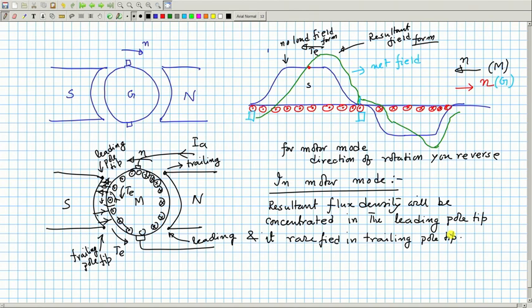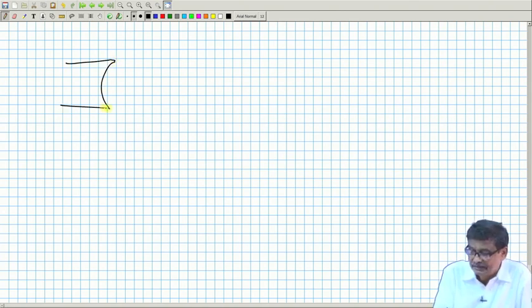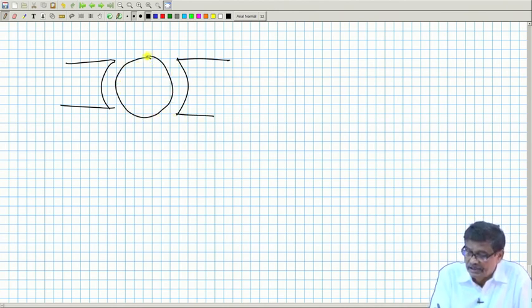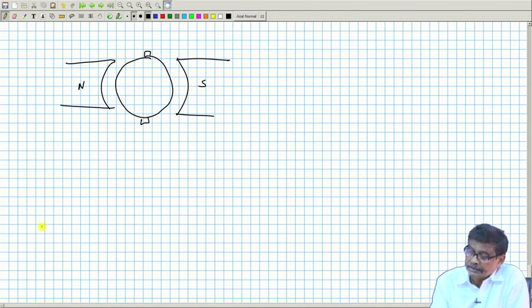Just to tell you in other language, somebody says okay, it is acting as a motor. I will now arbitrarily say, suppose this is north pole, this is south pole, and I say this is the direction of rotation of the motor, it is motor mode.